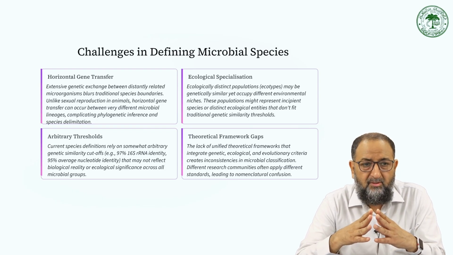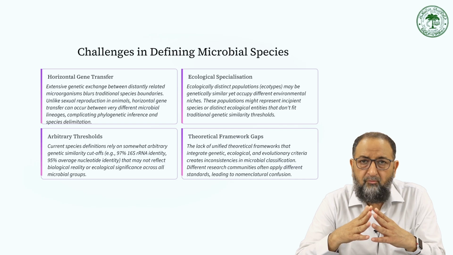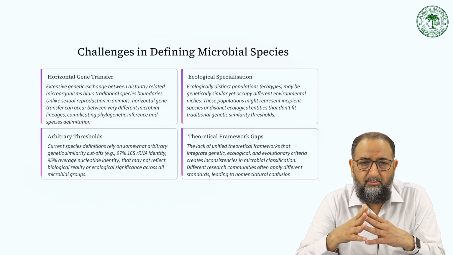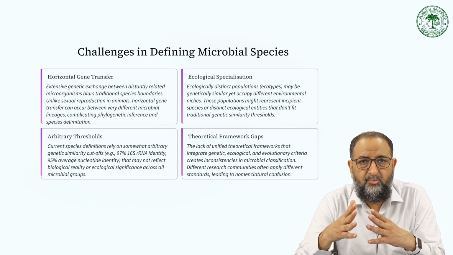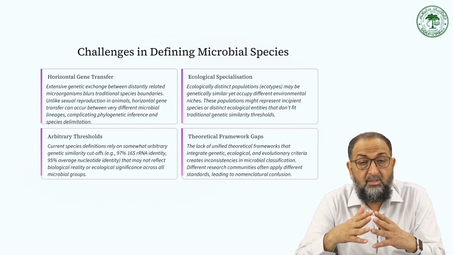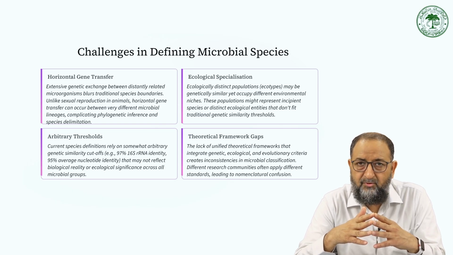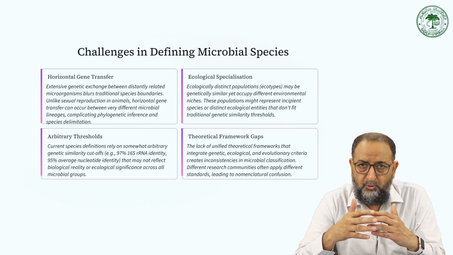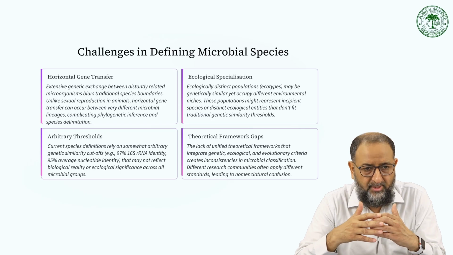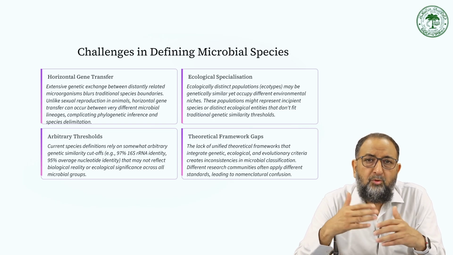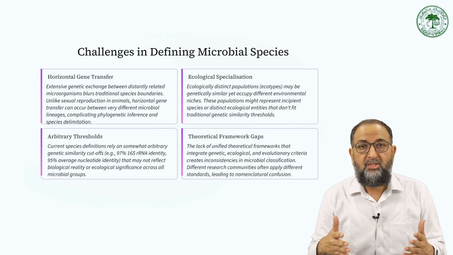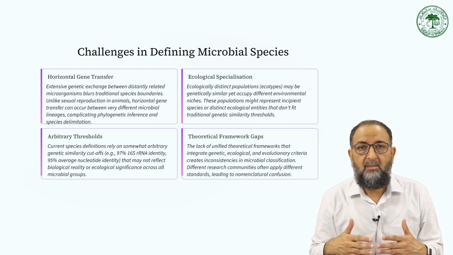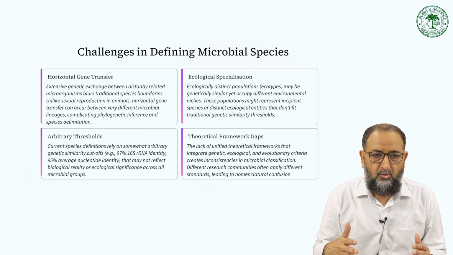The transfer is not vertical, not through sexual reproduction, but across the boundaries of species and genera, genes can be transferred through various genetic methods: conjugation, transduction, transformation. And through these, the lineages are changed, the microbial genome is changed, and on the basis of that, you can categorize them.